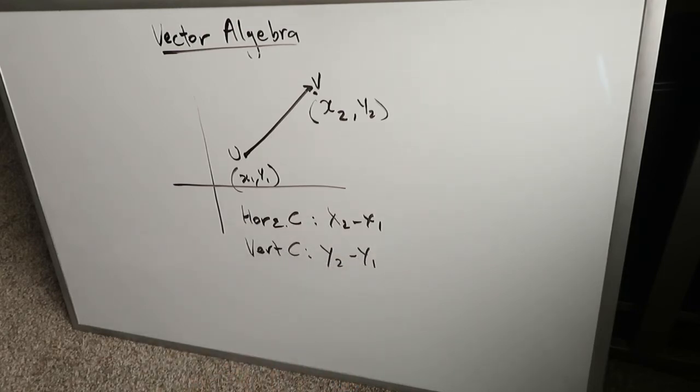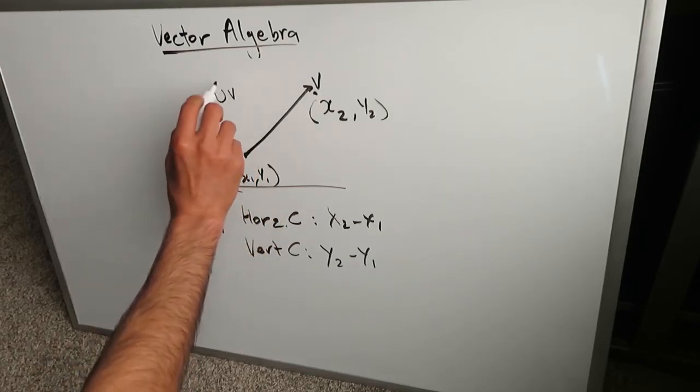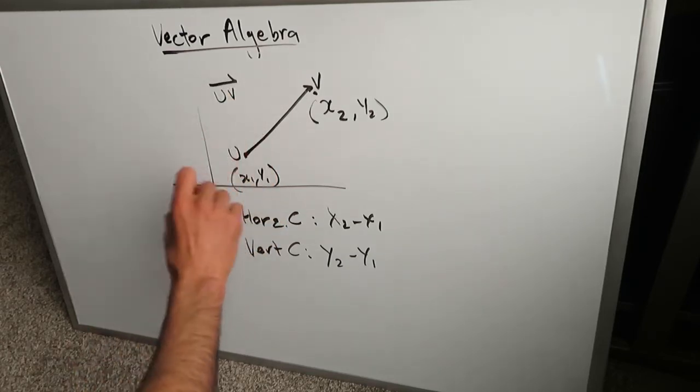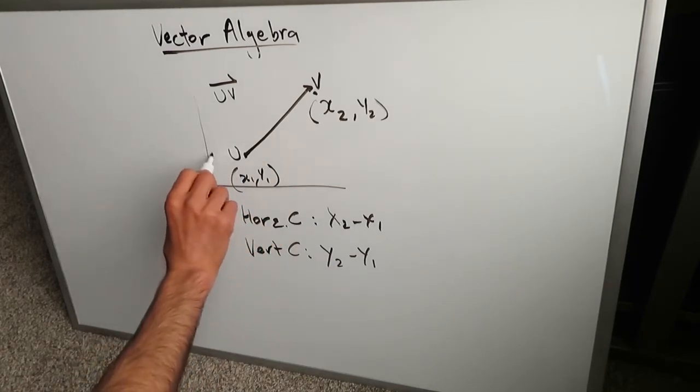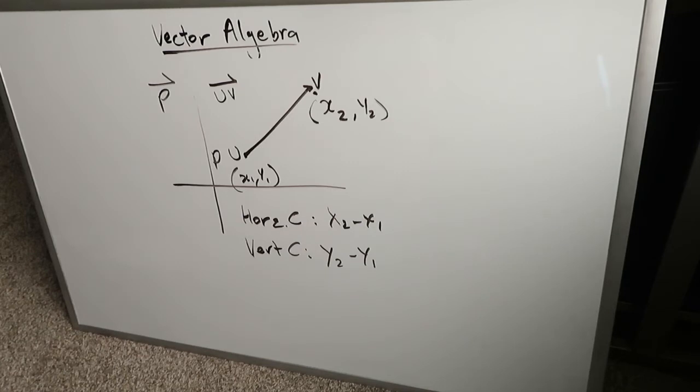Now you might be wondering, why is this important just to know the horizontal component of the vector uv? And you know, this right here is my vector uv. You can say it like this, or this entire vector can be represented, say, using a capital P. You can represent it as this. Why do you have to know the horizontal and the vertical components?